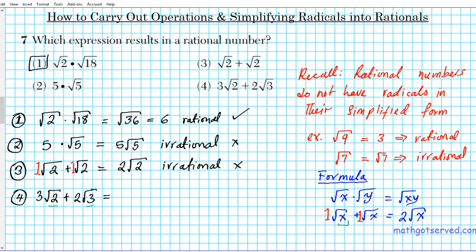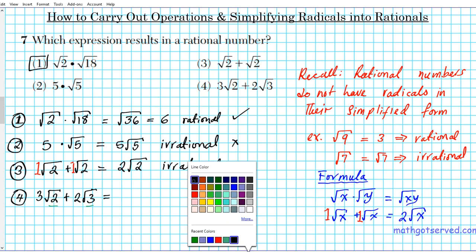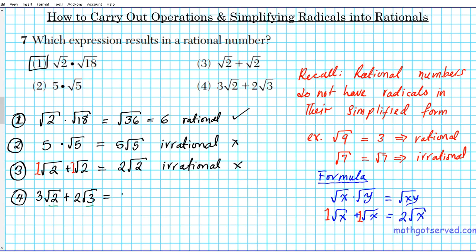Very important. So in this particular case, the radicands are different. Can we combine? Absolutely not. So the answer is simply what we started with, 3 root 2 plus 2 root 3. Since this number has radicals in its simplified form, it is irrational, hence it is not the answer that we desire. Alright, so we can clearly see that the answer to question number 7 is option number 1.